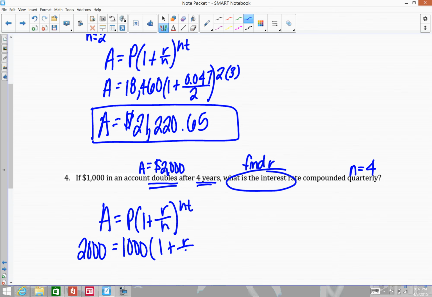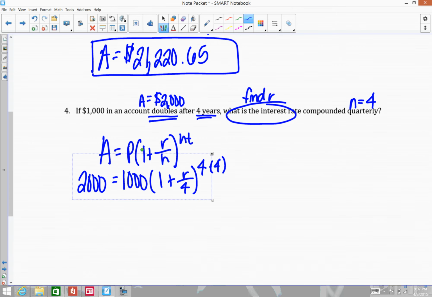N is going to be 4. And then up here it's going to be 4 times 4 years. And then we just start simplifying some stuff. So I have 2,000 equals 1,000 times 1 plus R over 4 to the 16.